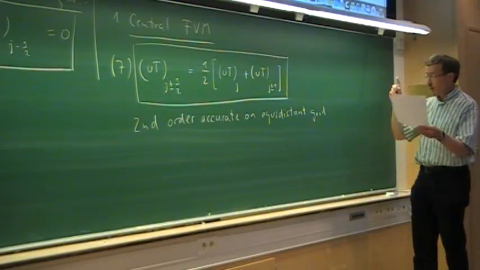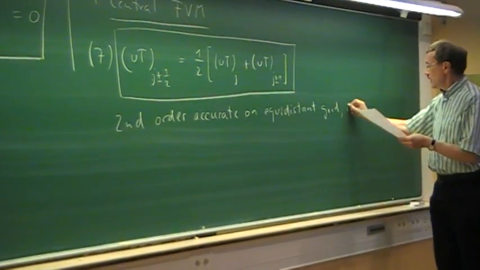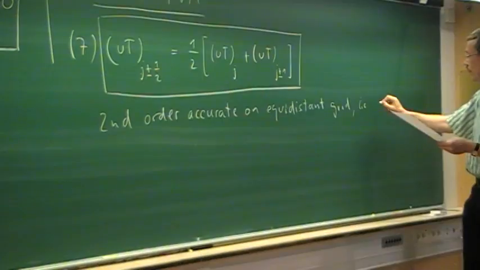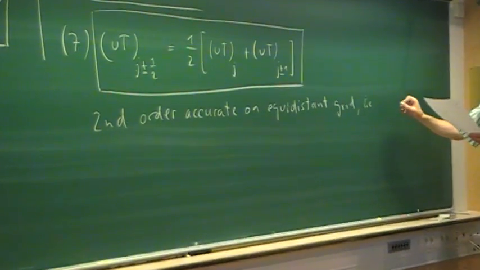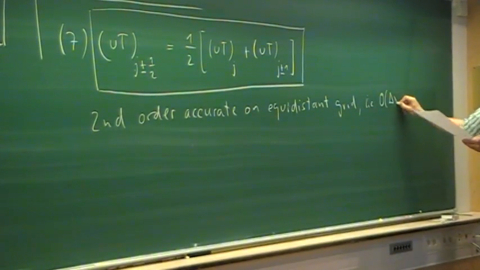When we have equal grid size, the truncation error is then of the order delta x squared. So that is a good thing.